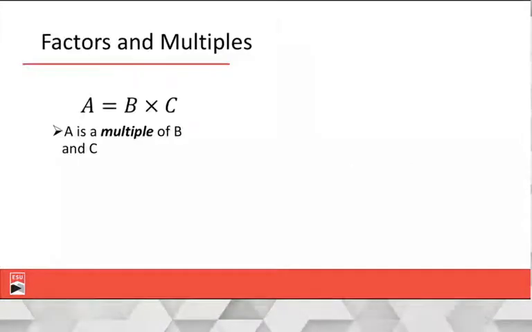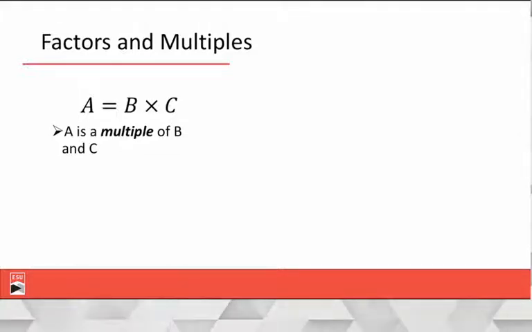I'm going to give you some terms, and some of these won't necessarily be new. If A equals B times C, in the last section on multiplication we'd call it groups, size, and product.